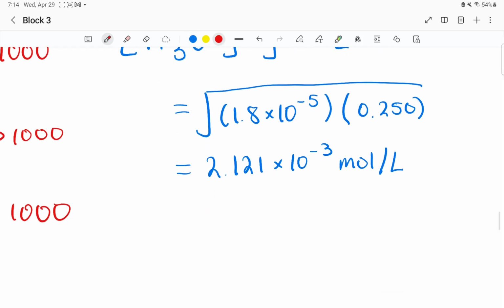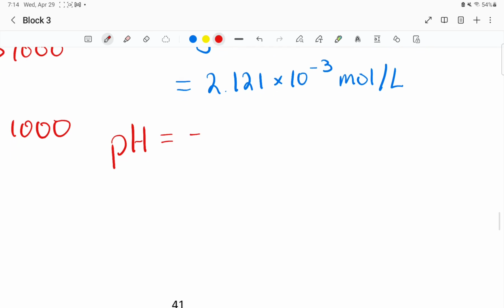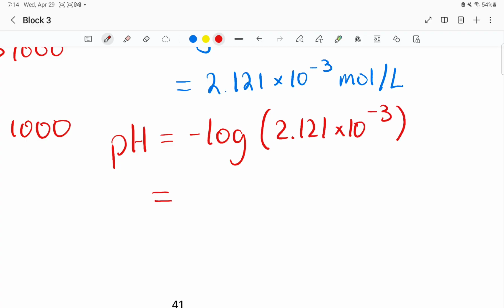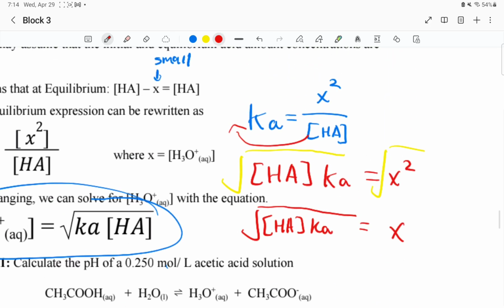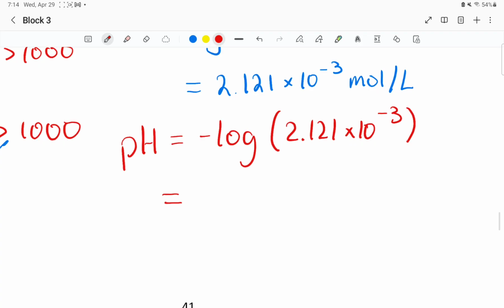Then lastly, to find my pH, I take the negative log of that number. So 2.121, and I get about, again, 3 sig digs, 1, 2, 3: 2.673.